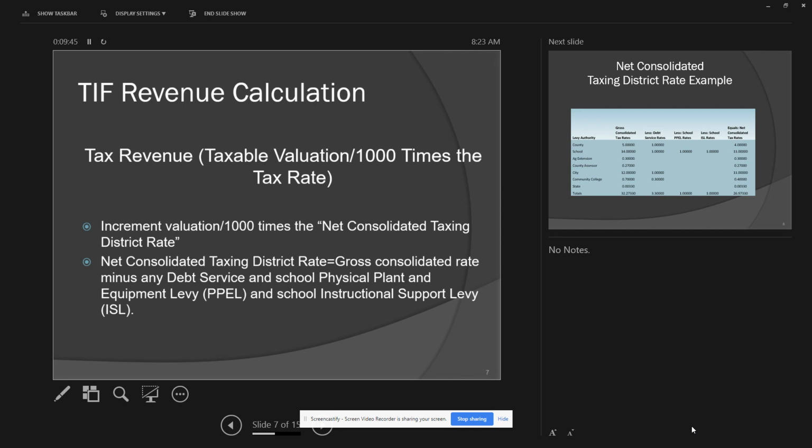So that entity gets to apply that debt service levy to the increment, and they get to keep it instead of it being diverted to the city. Also protected are the school physical plant and equipment levy and the school instructional support levy. So those two levies are also considered protected. The schools get to apply those levies to the incremental value, and they are not diverted to the TIF authority.